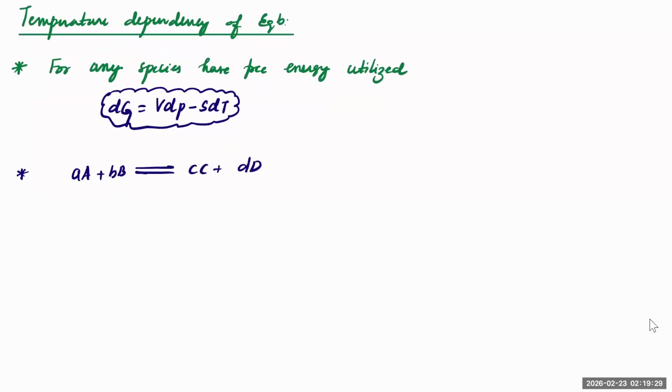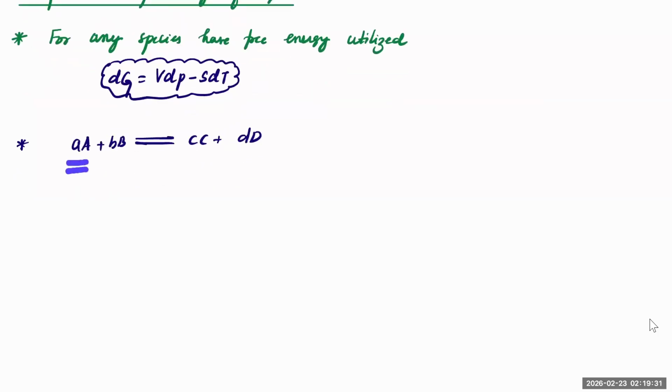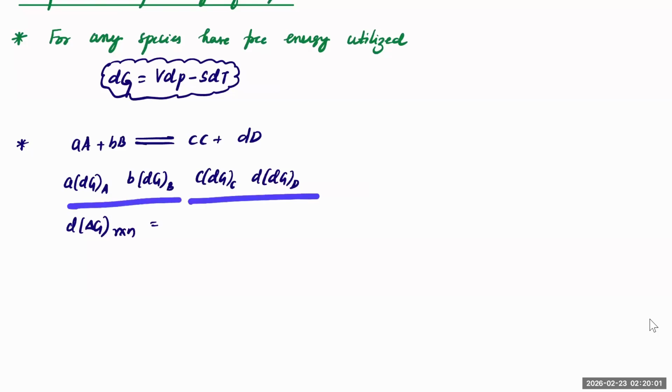Therefore, if I have a reaction like A plus B giving C plus D, that means there is some free energy change of A, of B, of C and of D. So I can write this as A times the small free energy change of A, B times the small free energy change of B, C times the small free energy change of C, and D times the small free energy change of D. And therefore, delta G of the reaction means product's free energy minus reactant's free energy.